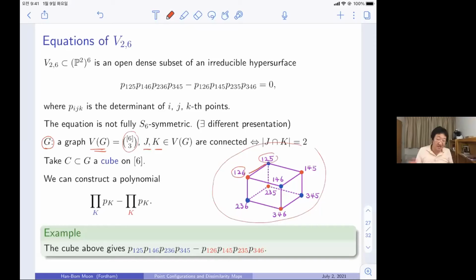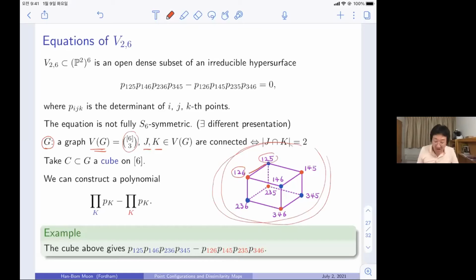Now let's take a subgraph of G which looks like a cube. This is one example of a cube. There are exactly 15 different cubes in this graph G. For each cube, a cube is a bipartite graph, so we can color all of the vertices with 2 colors such that two adjacent vertices have different colors.